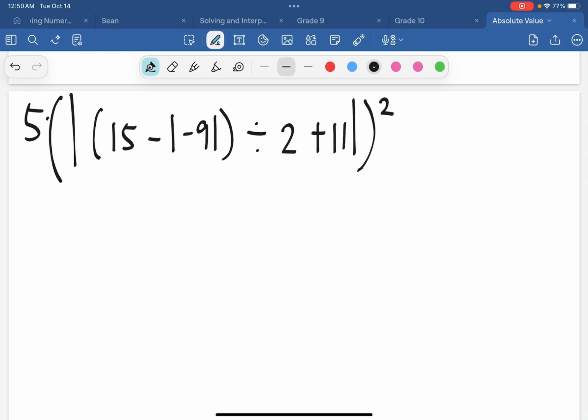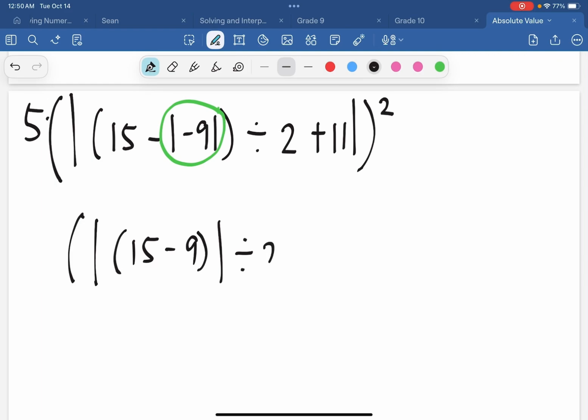Now first let's operate this one, because it's the inside of the inside, just like what I told you before. The absolute value of negative 9 is 9. So we have here 15 minus 9 divided by 2 plus 11 squared.